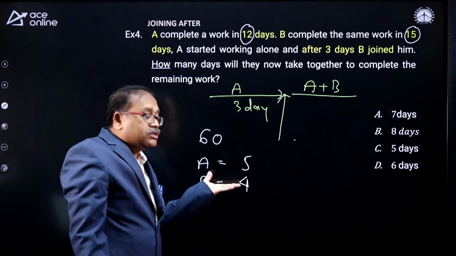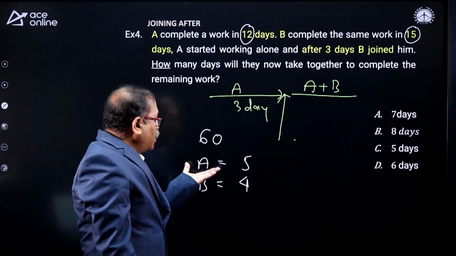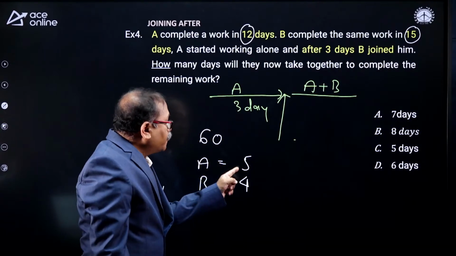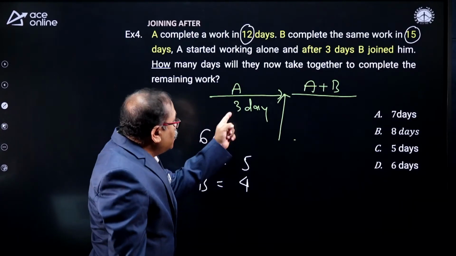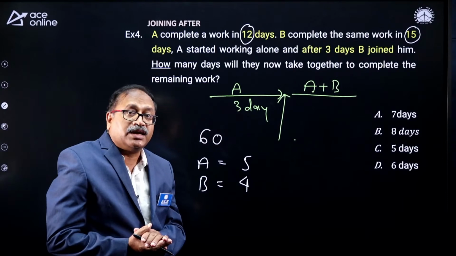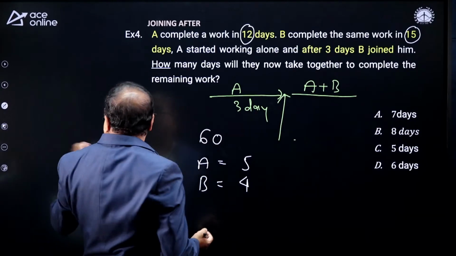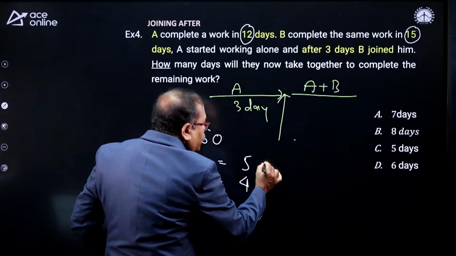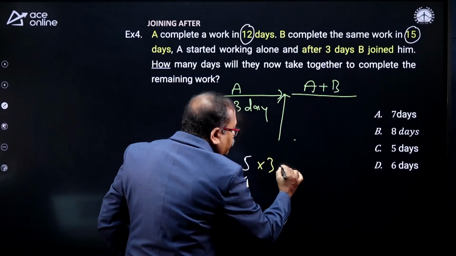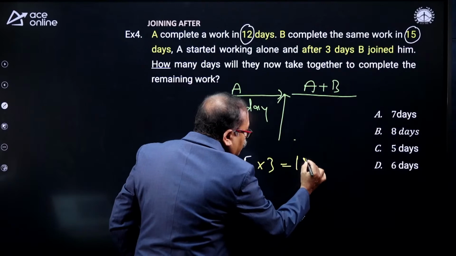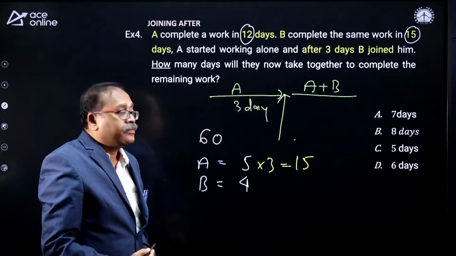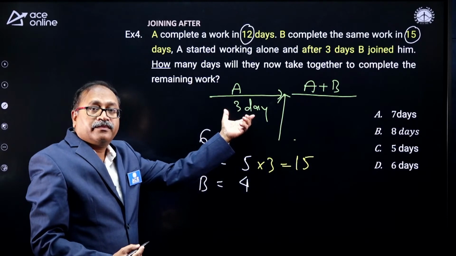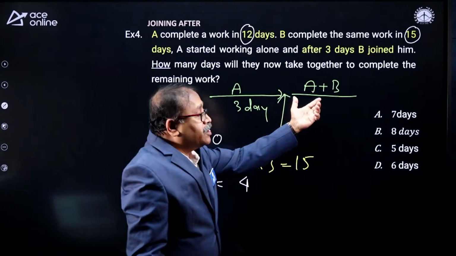Okay, from here our solution starts. Now I see that A completes 5 units per day, and A worked for the first 3 days alone. That means how much work will he complete in the first 3 days? So he will complete 5 into 3, that is 15 units in this part of the day. After that B joins.